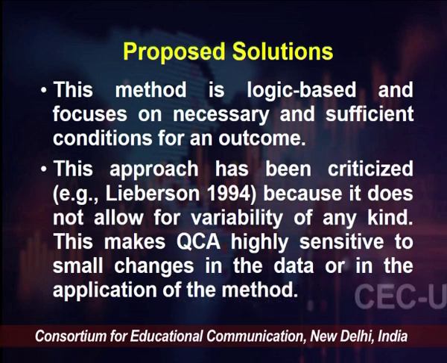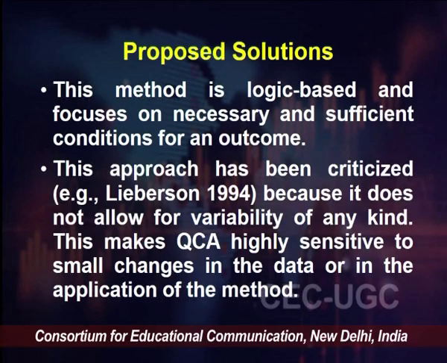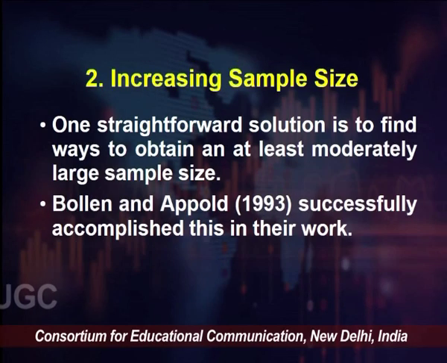This approach has been criticized because it does not allow for variability of any kind. This makes the QCA highly sensitive to small changes in the data or in the application of the method.